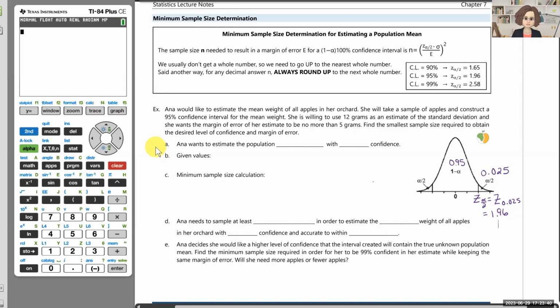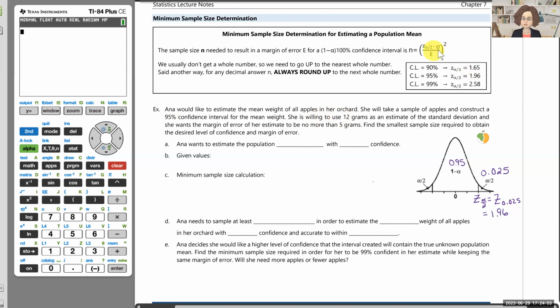All right, so let's check out our example here with Anna. Anna would like to estimate the mean weight of all the apples in her orchard. She will take a sample of apples and construct a 95% confidence interval for the mean weight. She is willing to use 12 grams as an estimate of her standard deviation.